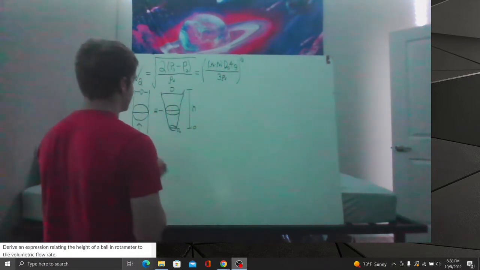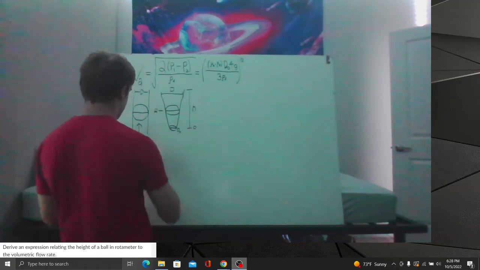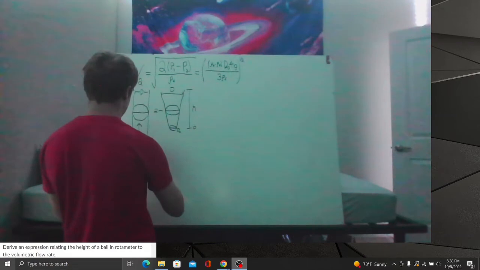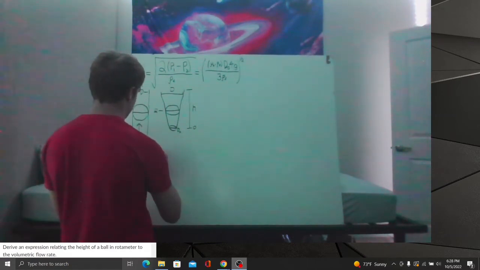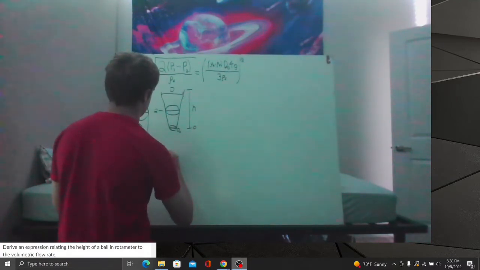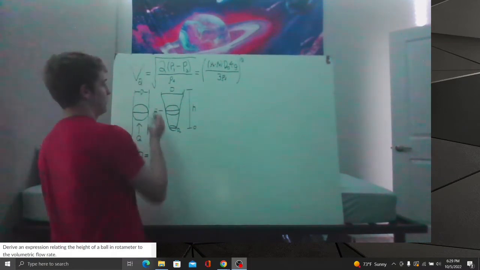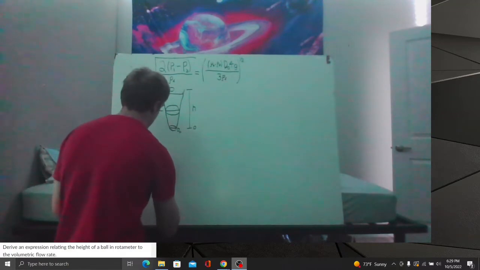So we're going to start off by making an equation for our flow rate Q. We know that the flow rate is equal to the velocity times area, and that's just for any flow rate. In this situation, we're going to be calling it V2 and A2.